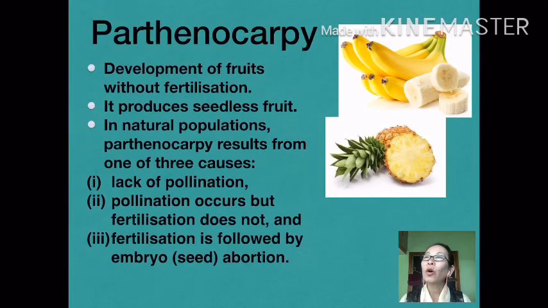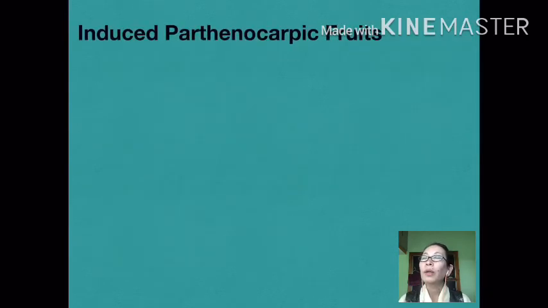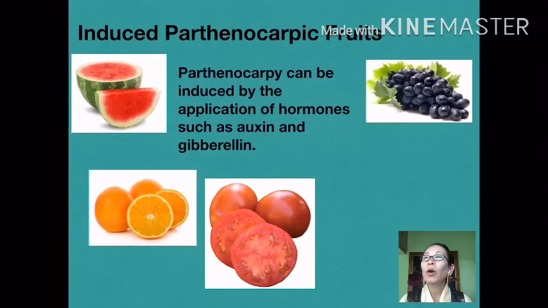This phenomenon occurs naturally in plants such as banana, pineapple, and figs. However, parthenocarpy can also be induced by the application of plant hormones such as auxin and gibberellins.